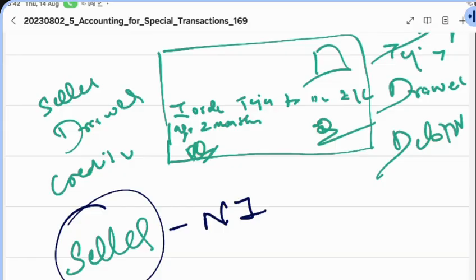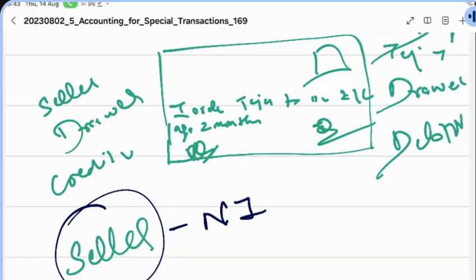As it is a negotiable instrument, I tell them, Mr. Bank, please keep this instrument with you. You can collect rupees 1 lakh from Tejas after 2 months. Are you able to understand? After 2 months, you can collect. But now you give me that money because I'm in need of it.